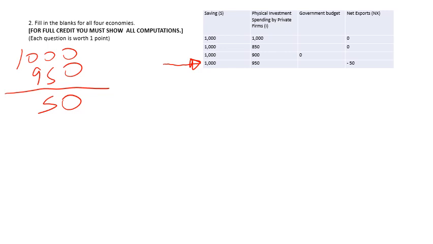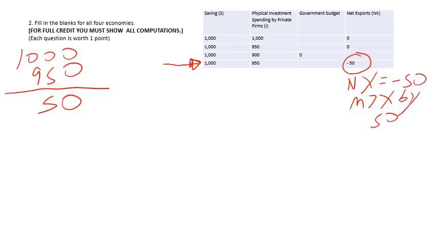All right. So what's our approach? Well, let's see. We have to consider this situation here. Net exports are equal to negative 50. So this means that our imports are greater than our exports by 50. So what's SR? SR is positive 50.